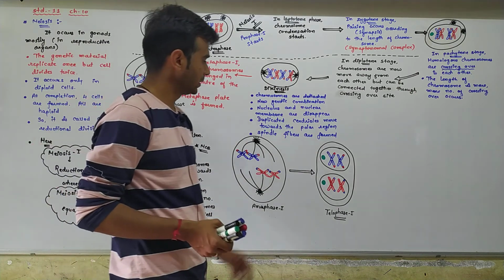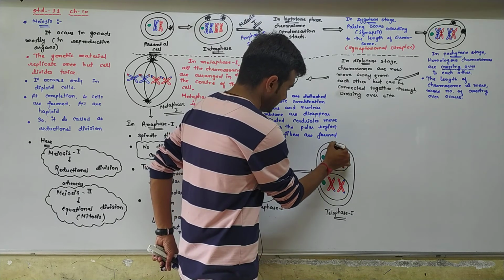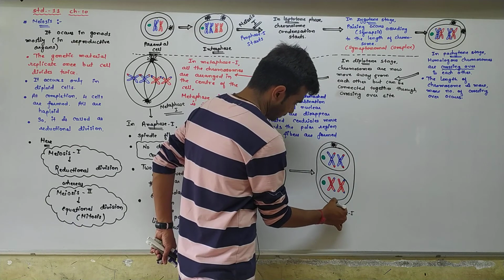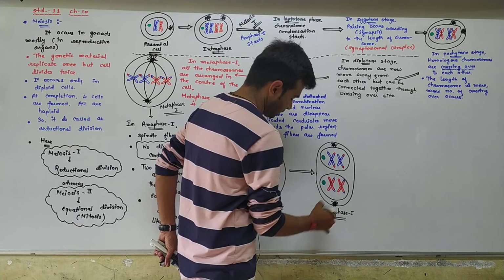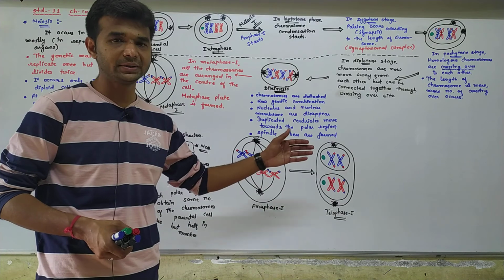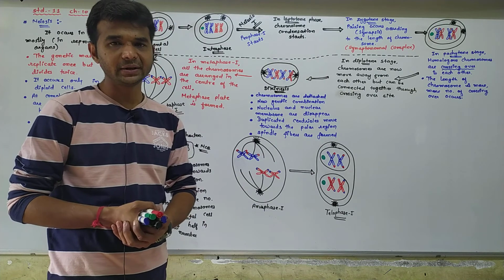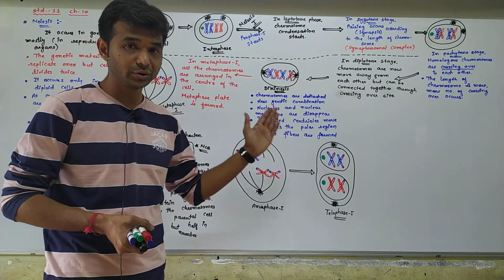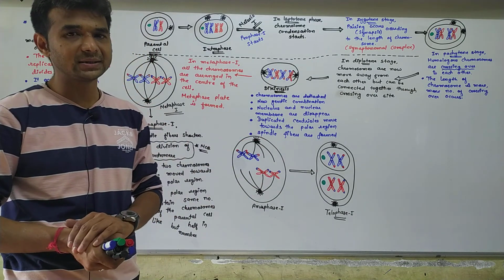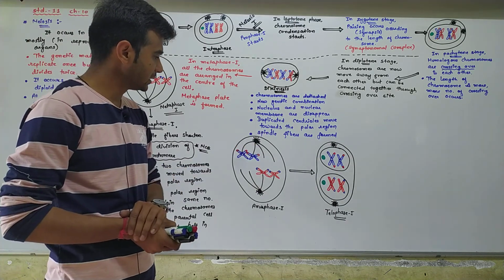The same thing, new nucleolus, new nuclear membrane, and here you know that centrioles are there. Fine. So new nuclear membrane and new nucleolus are formed there, and two nuclei are formed here.